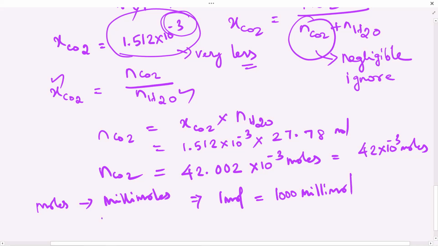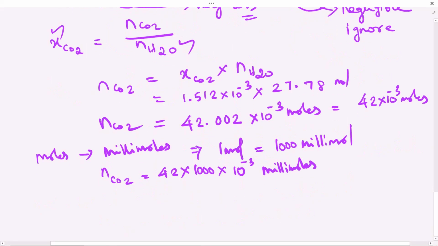Right? So if we convert the moles into millimoles, what do we have to do? We have to multiply by 1000. So 42 into 1000 into 10 to the power of minus 3 millimoles. Right? The 1000 can be written as 10 to the power of 3.